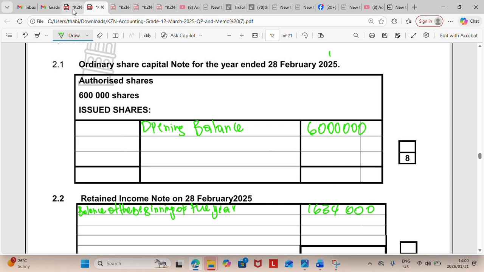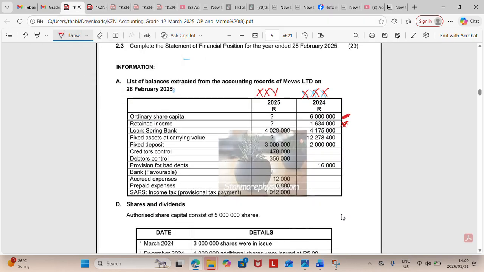Okay, so let's move to our ordinary share capital. I don't think we have any information that will affect our ordinary share capital here.